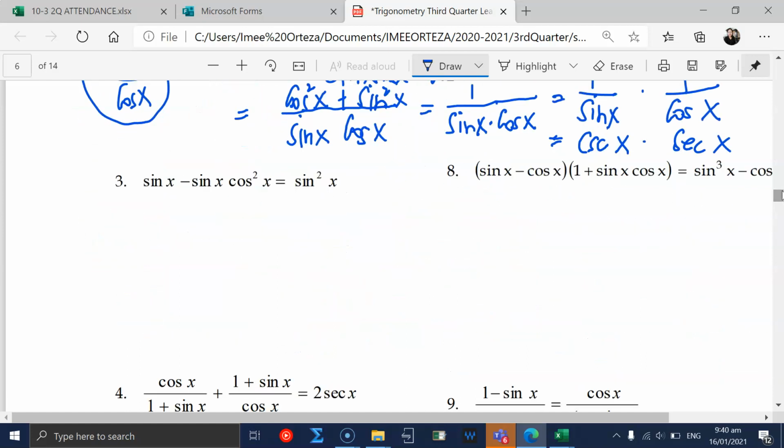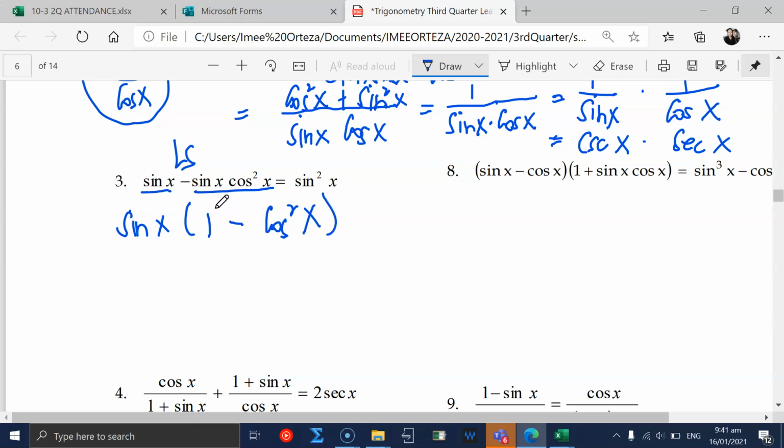Okay? So, now let's work on number 3. In number 3, we will be applying factoring. So, notice that there are two terms on the left. I'm working on the left because it looks more complicated. Okay, so you work on the more complicated side. Then we factor the common part, which is sine x. So the first term becomes 1, minus the second term becomes cosine squared x.